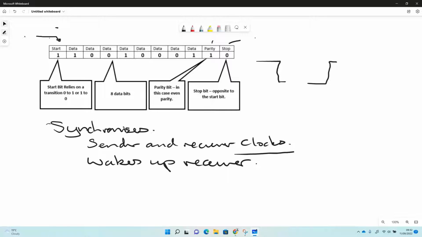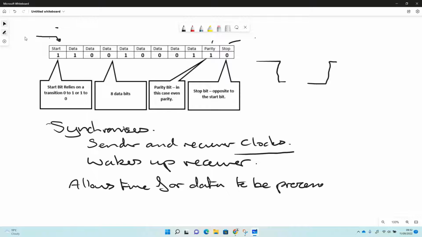So the stop bit, so what does the stop bit do? It allows time for the data to be processed. So we could put that as an answer. So this is the stop bit.